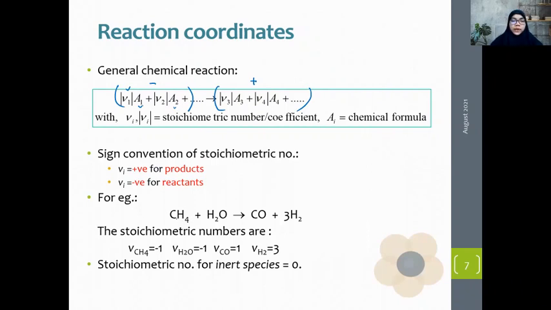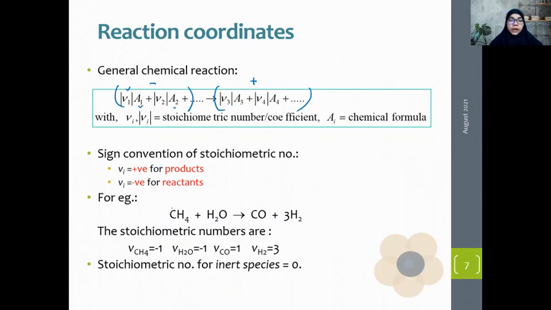For example, here we have methane reacting with water to produce carbon monoxide and hydrogen. Based on the stoichiometric number, first we need to balance the reaction. The important thing is to balance the reaction, and after that we can obtain the stoichiometric number for each species.